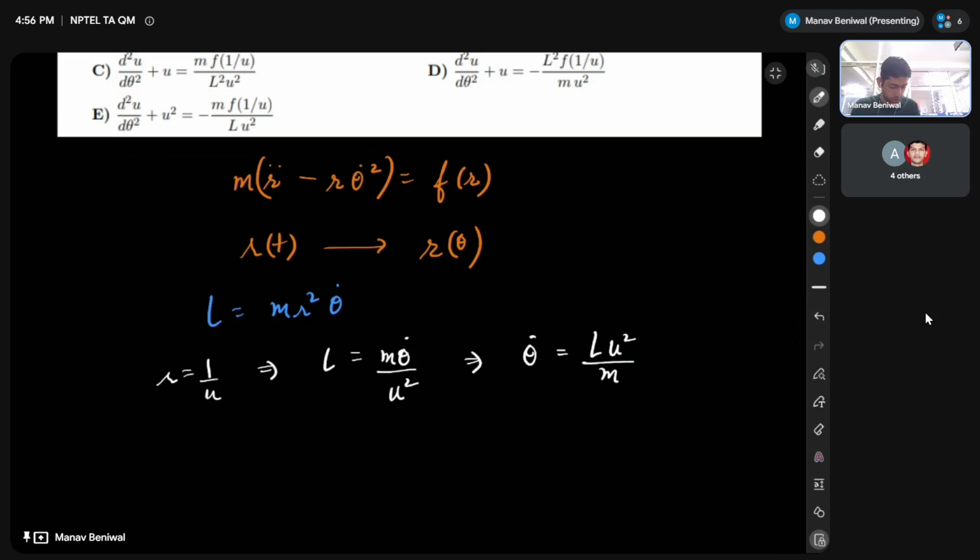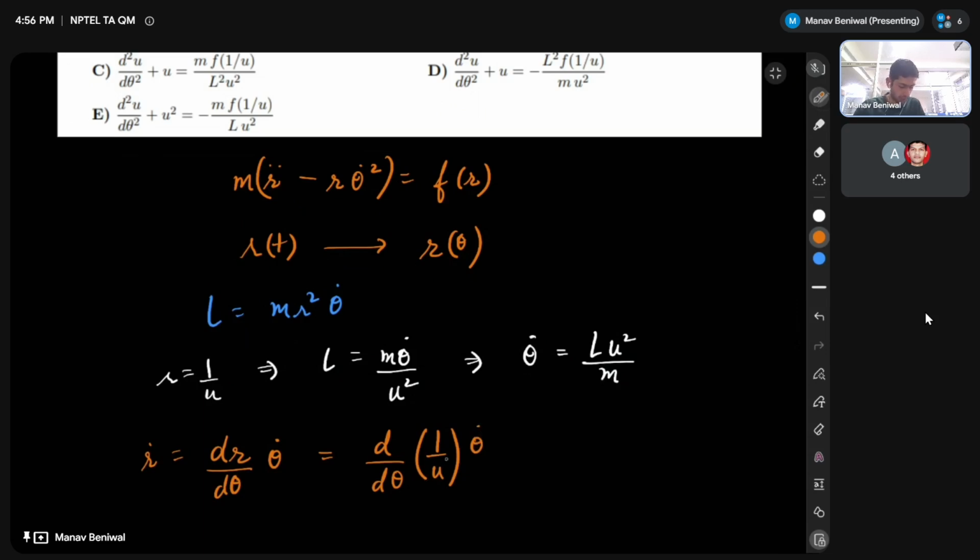So first of all, here we have r dot. Let us convert r dot into a theta derivative. So my r dot, which is dr by dt, I can write as dr by d theta times d theta by dt, which is simply theta dot. And theta dot I have here. So this is nothing but d over d theta of r, and r is 1 by u, times theta dot.